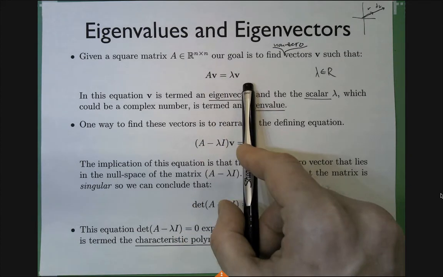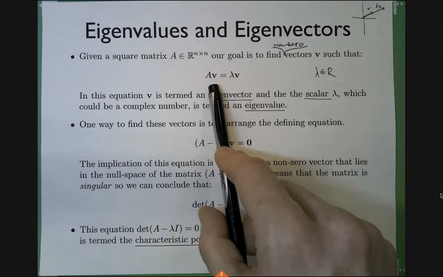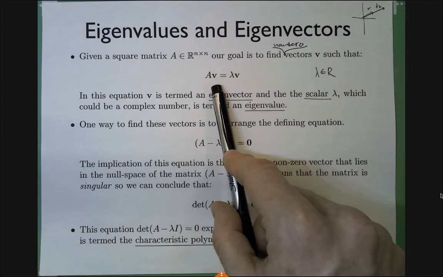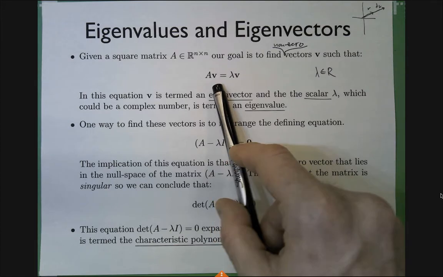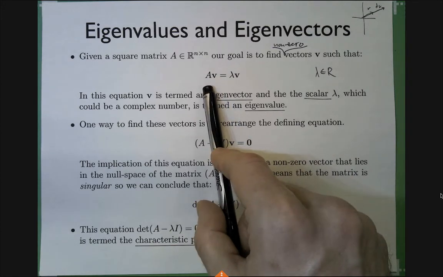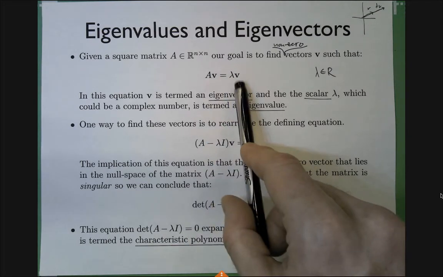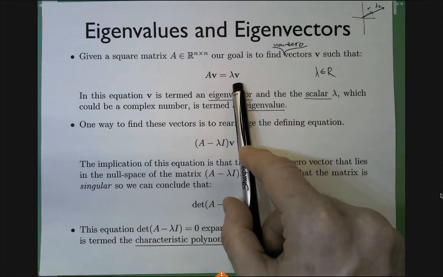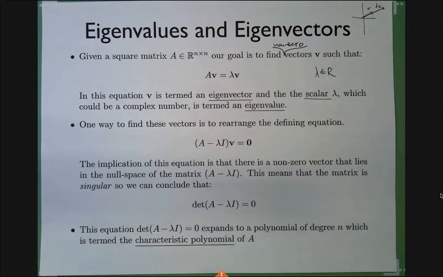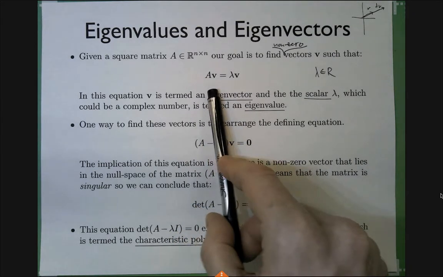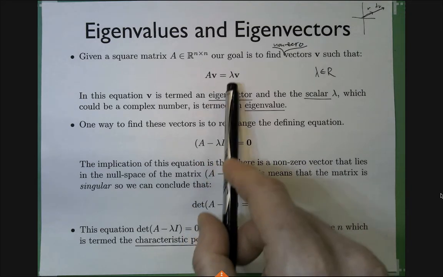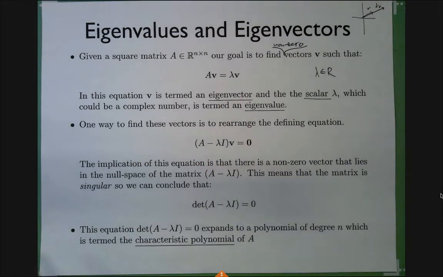It's the same V, okay? So what this V means is it's a direction, or a vector, such that when transformed by the matrix, it gets transformed onto a scaled version of itself. The matrix maps every vector somewhere, and the eigenvector is such a special vector that the matrix maps it onto a scaled version of the same vector.